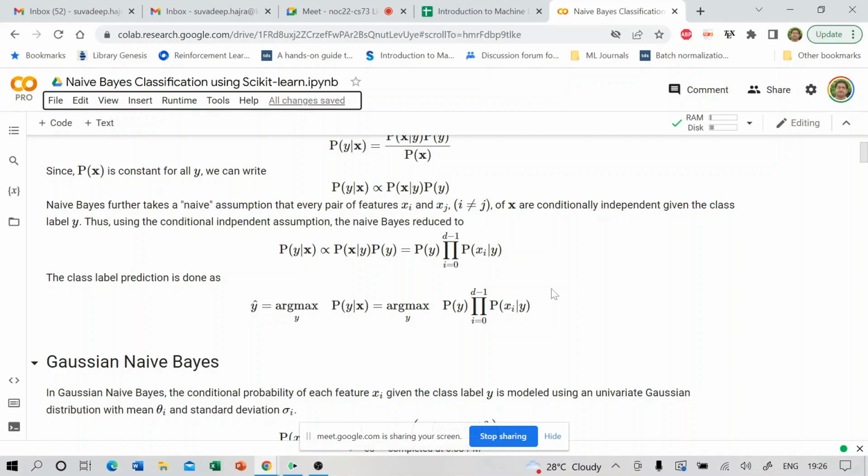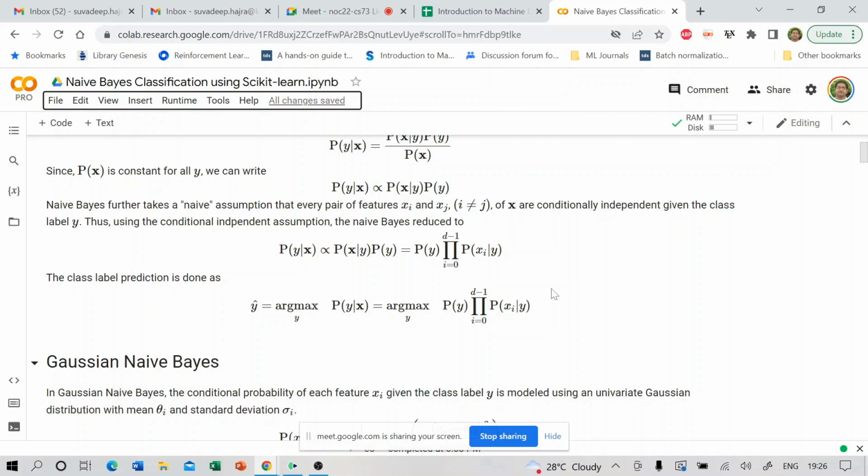First we will look into Gaussian naive Bayes. It is applicable to real data, which can be both positive and negative. In this case each of these probabilities, xi given y, is modeled as a Gaussian distribution with some parameters.